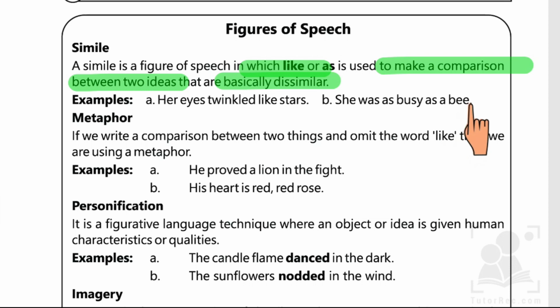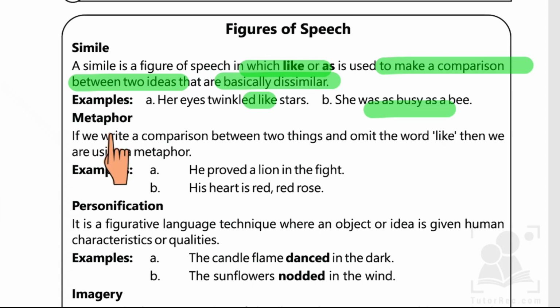A woman can never be a bee, but she, the living human being, has been compared with a very dissimilar thing, an insect, a bee. Here you can see as and like have been used to compare two dissimilar things.